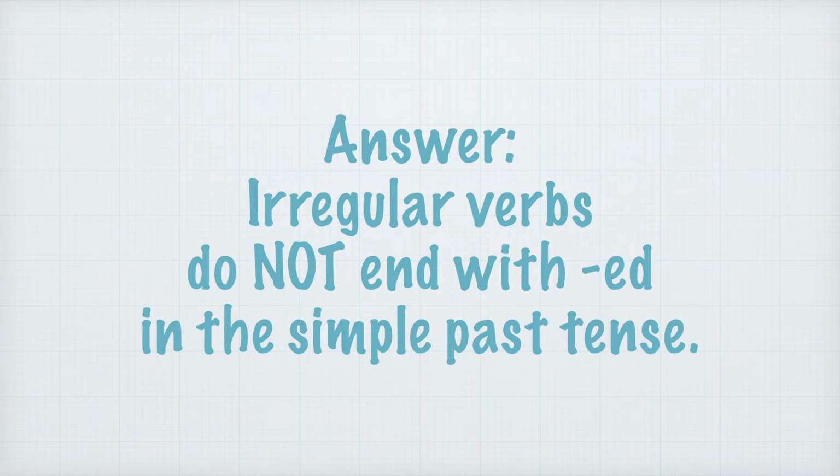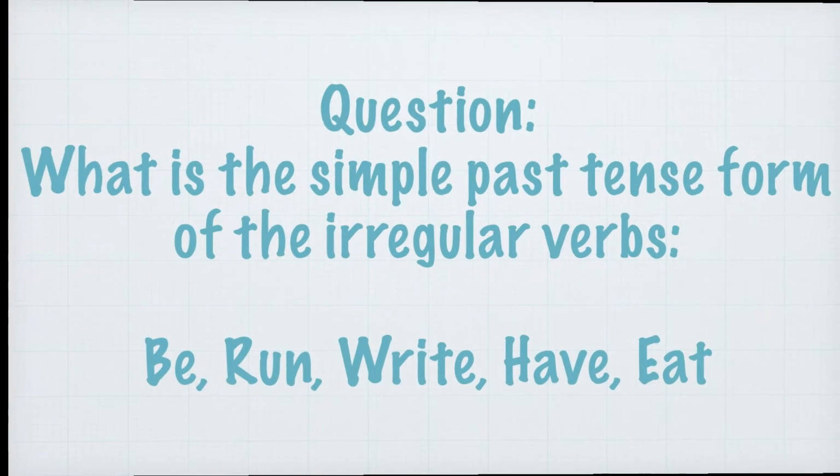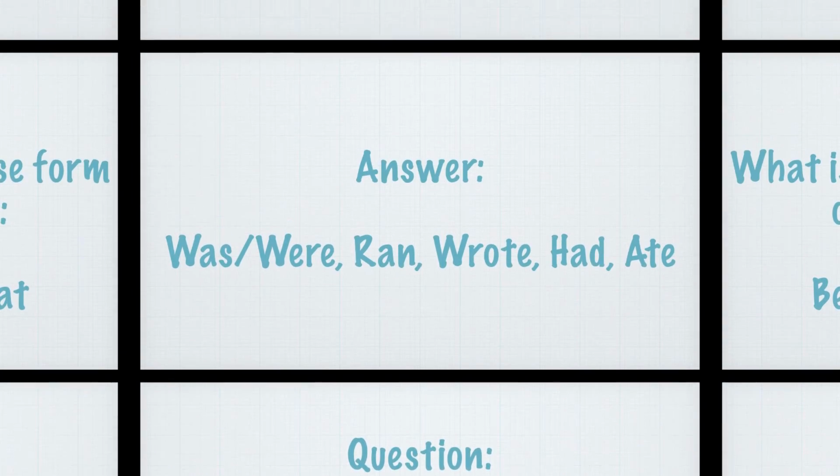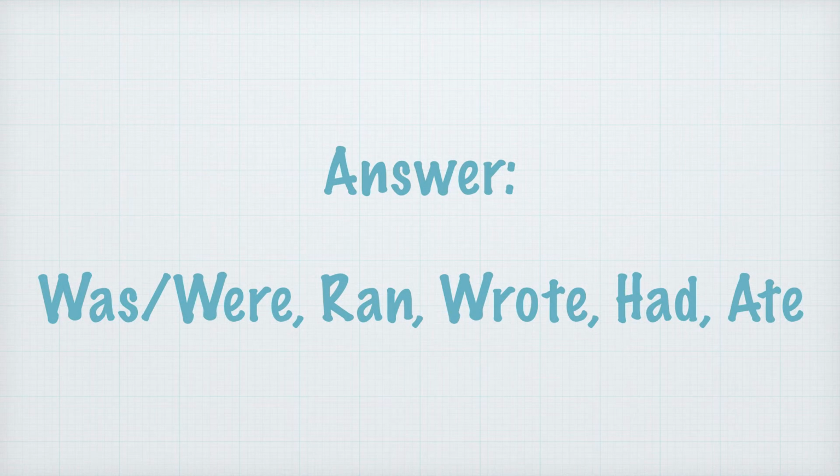Irregular verbs do not end with ed in the simple past tense. What is the simple past tense form of the irregular verbs be, run, write, have, eat? Was or were, ran, wrote, had, ate.